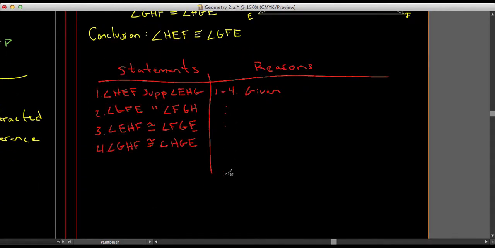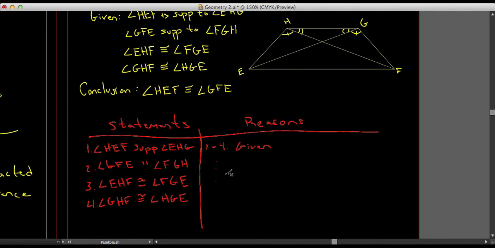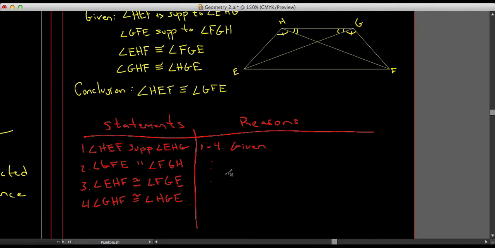So how are we going to move logically from this information to angle HEF being congruent to angle GFE? Well, let's look at this information. We have angle EHG, and we have angle FGH.